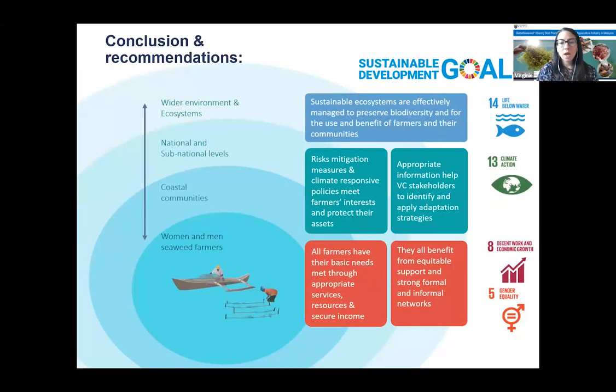To conclude, a better understanding of who farmers are and the challenge that they face, allowed by relying on the combination of social sciences with natural science, is a key opportunity to better address some of the sustainable development goals, starting with SDG 5 and 8 on gender equality and decent work and economic growth, by allowing all farmers to have the basic needs met through appropriate services, resources, and securing their income.